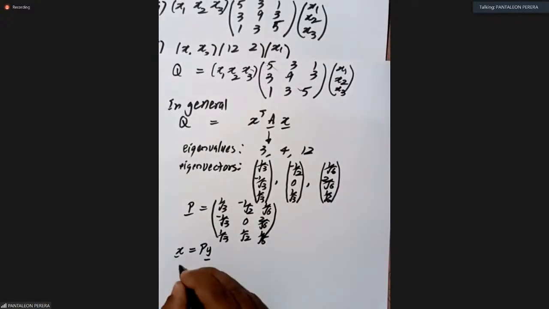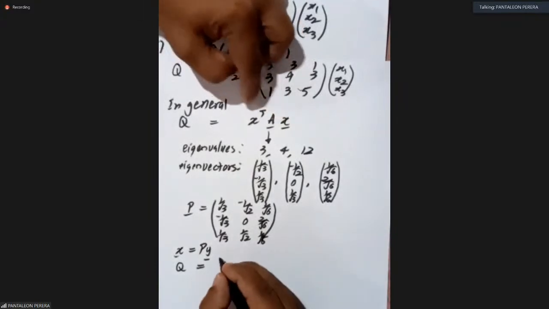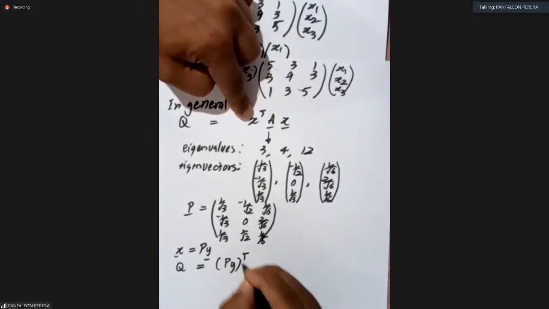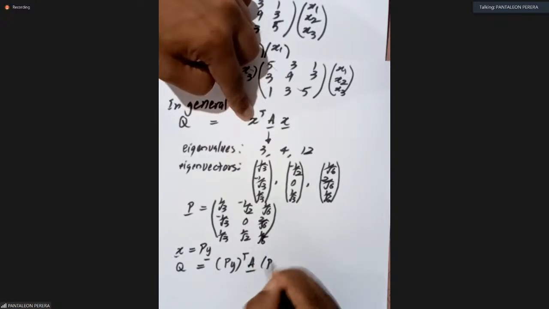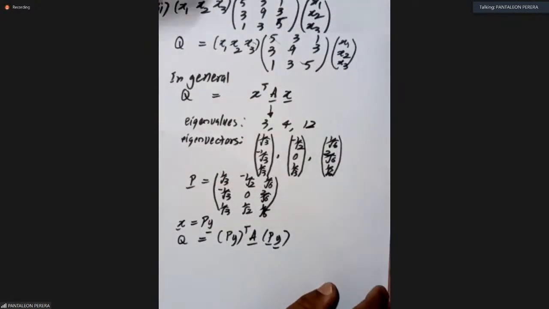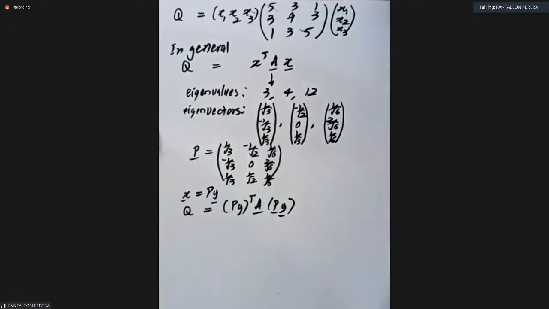How can you go with this now? We substitute Py: Py transpose A Py. You know, if you take the transpose, the order will be reversed.